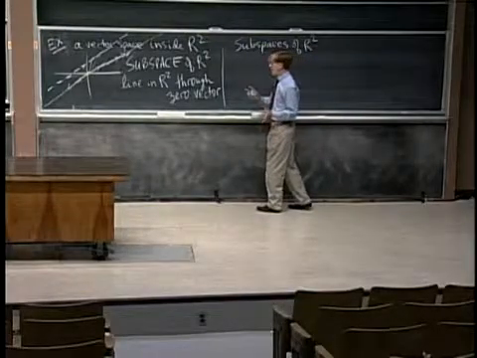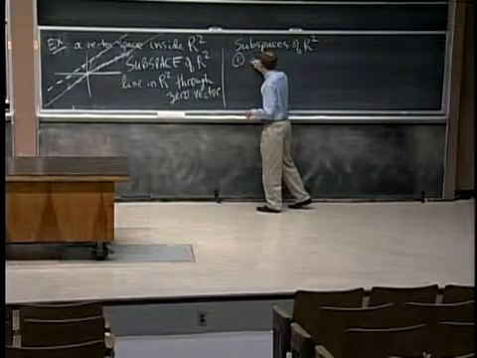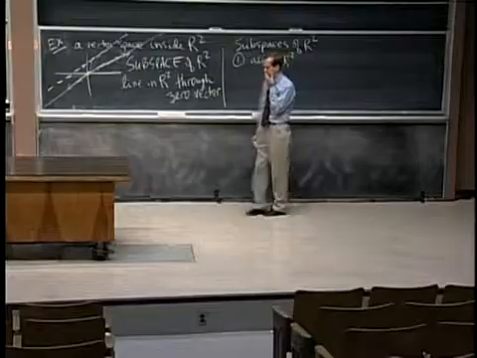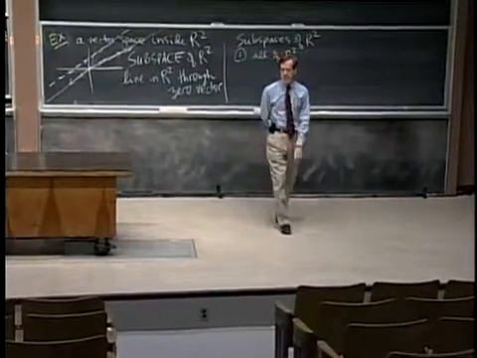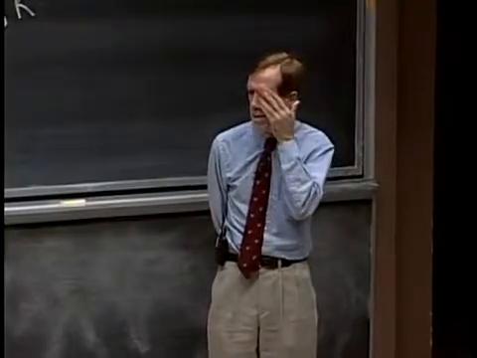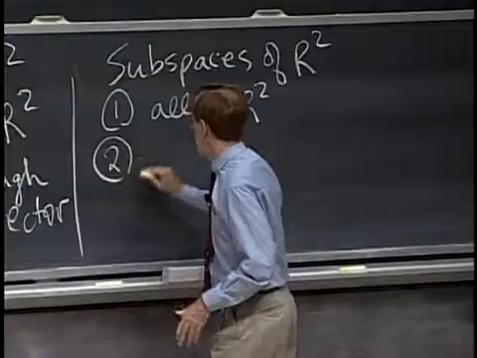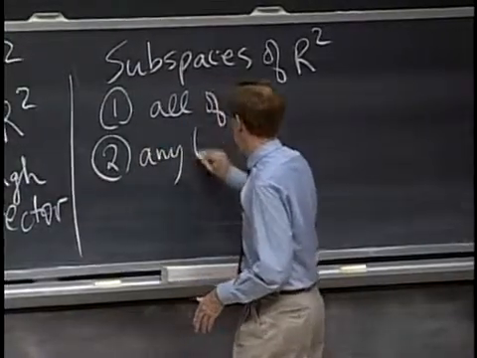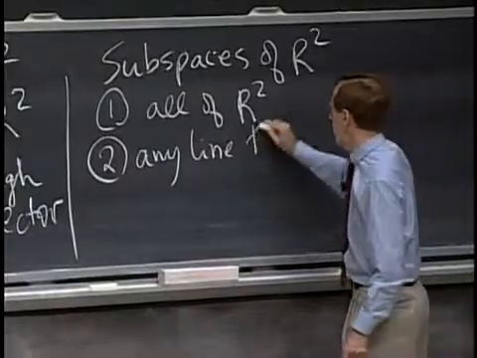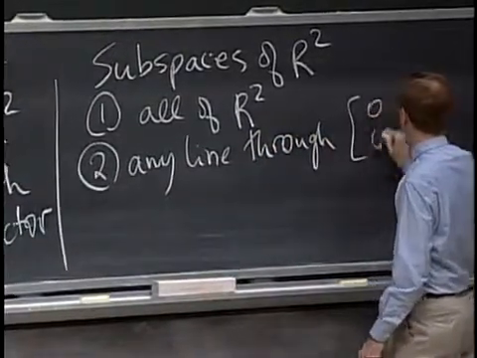And one possibility that we always allow is all of R2, the whole thing, the whole space. That counts as a subspace of itself. You always want to allow that. Then the others are lines, any line, a line meaning infinitely far in both directions through the 0.